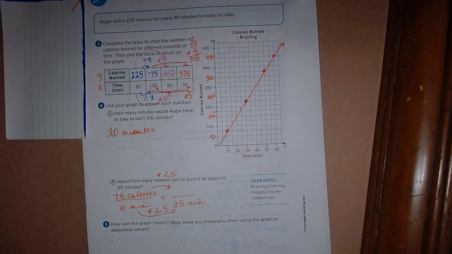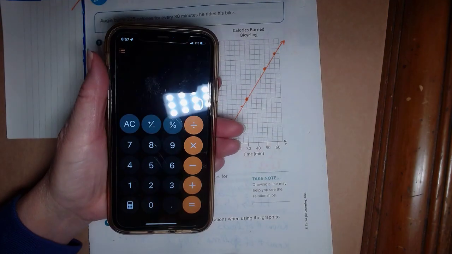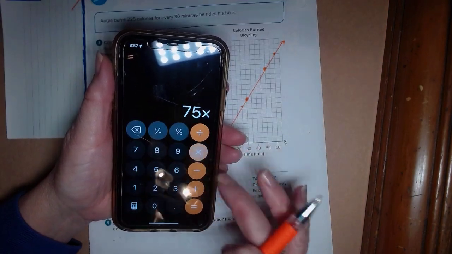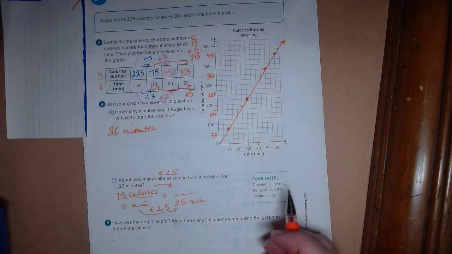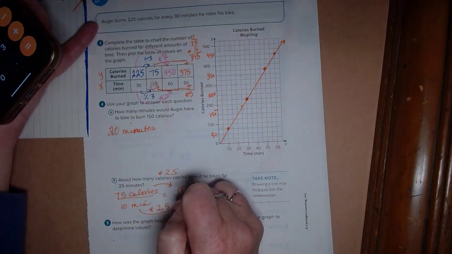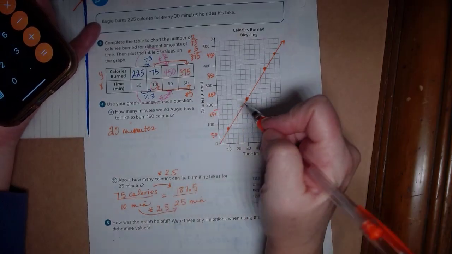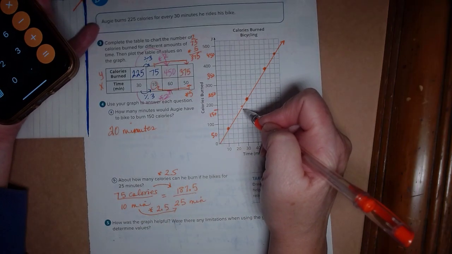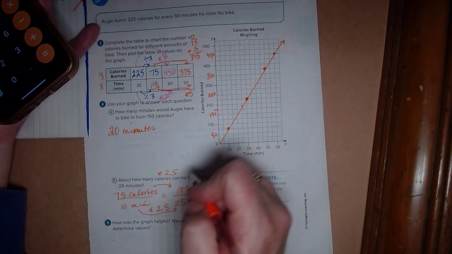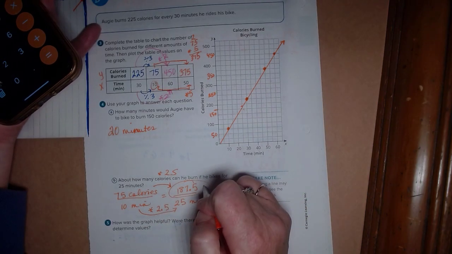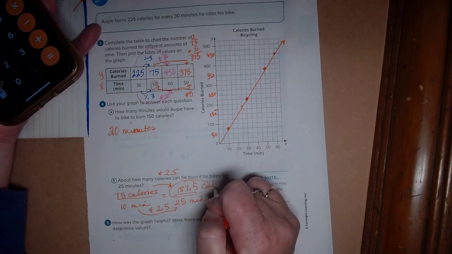If you don't know, let's do this. 75 times 2.5, 187.5. And that seems about right. It's between the 175 and the 200. So 187.5 calories.